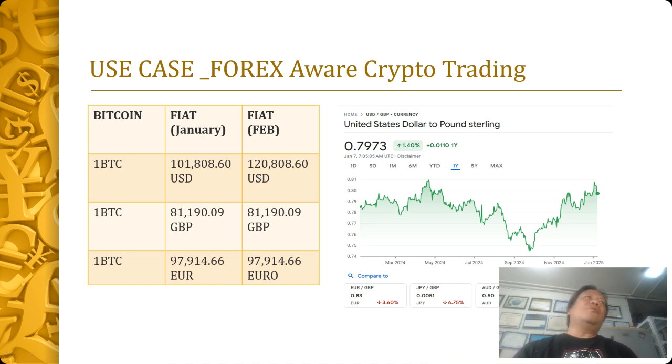If you're not aware of forex, what's actually happened is that the value of the US dollar went down, right? That's why at a quick look, if you're trading with just dollars, you think, oh, I made a profit of 20,000 US dollars.